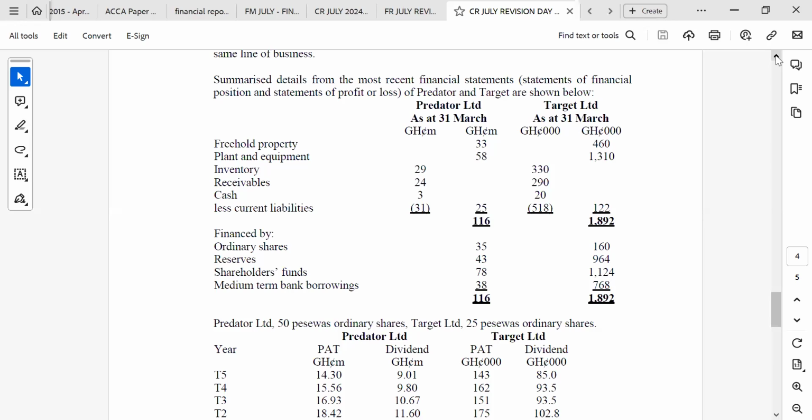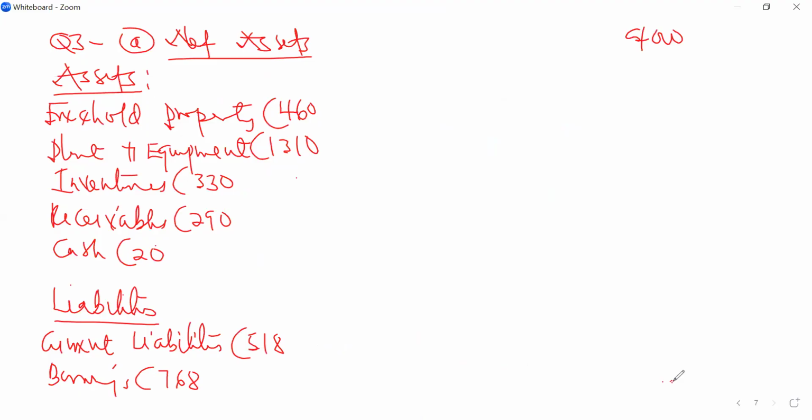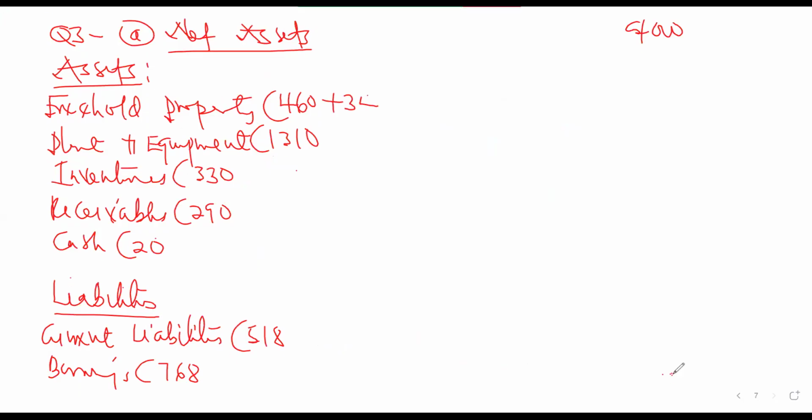Are they going to be selling at 460 or at the market value? At the market value. So this will increase by how much? 340. So you add a 340 here to have your 800.